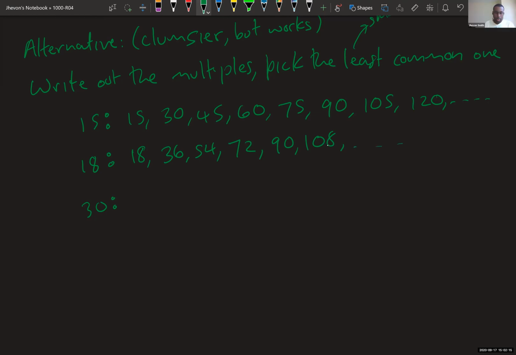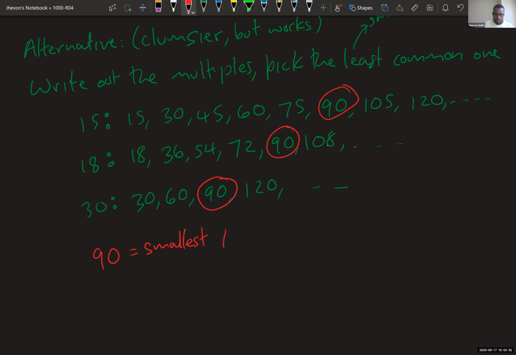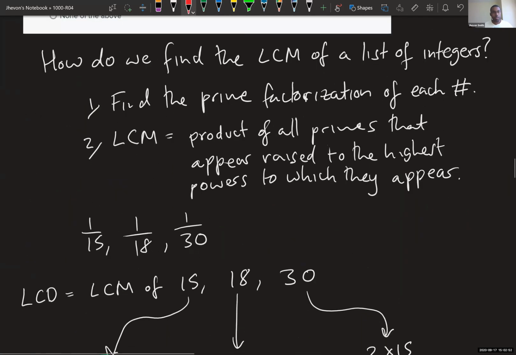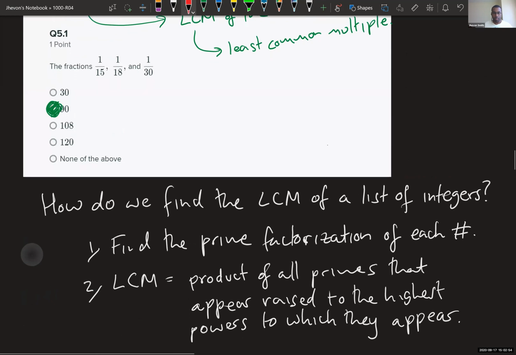Okay, keep going. What about 30? It's 30, 60, 90, 120, right? You'll notice that 90 appears in all of these lists, and it is the smallest number that appears in all of the lists. So that's your LCM, which in this case is the LCD because the denominators are of the fractions. So that's why that's 90.